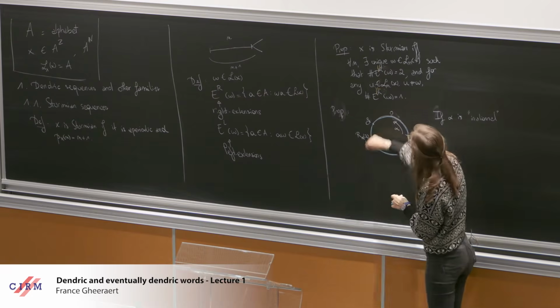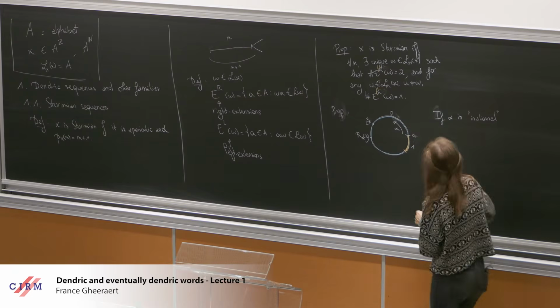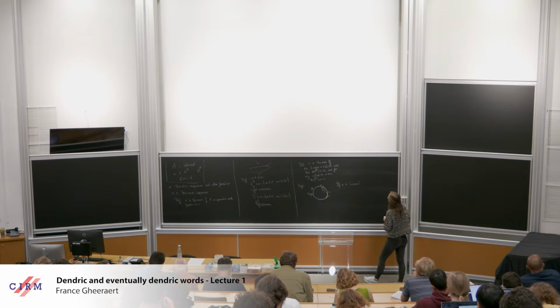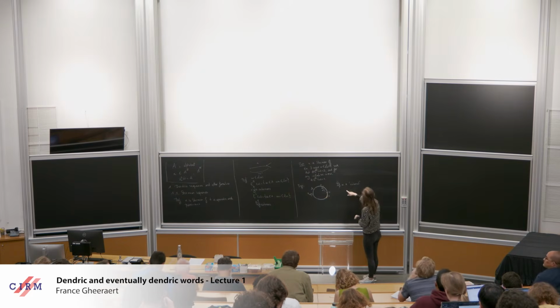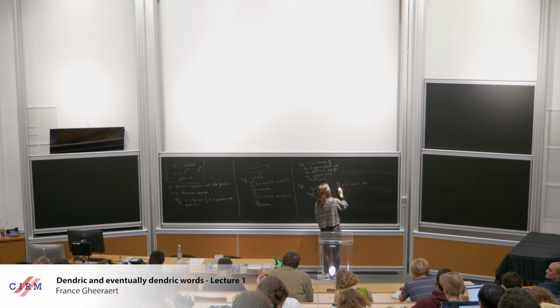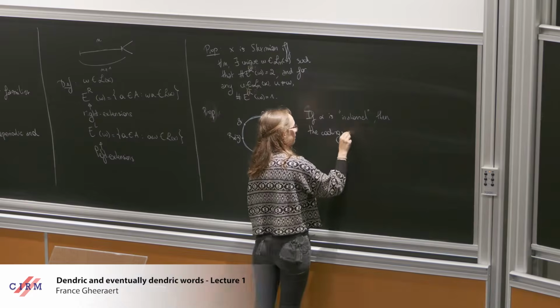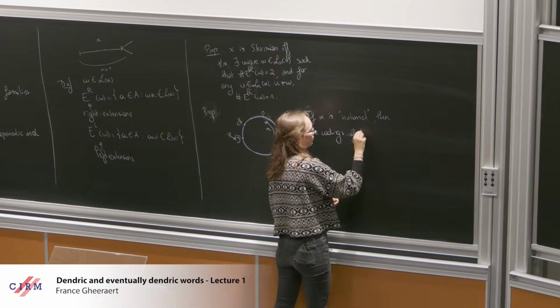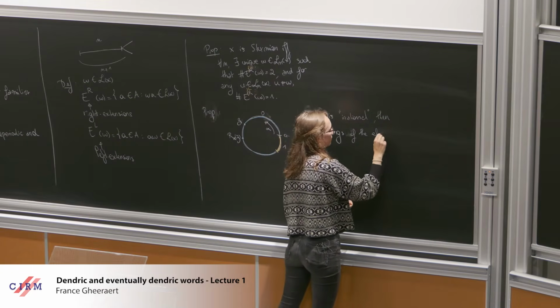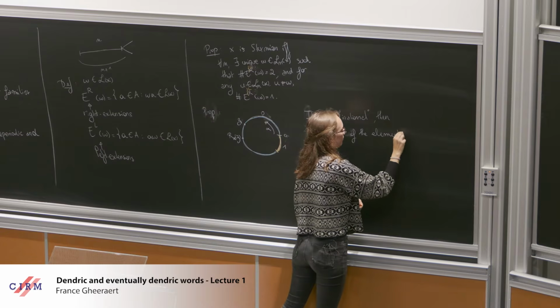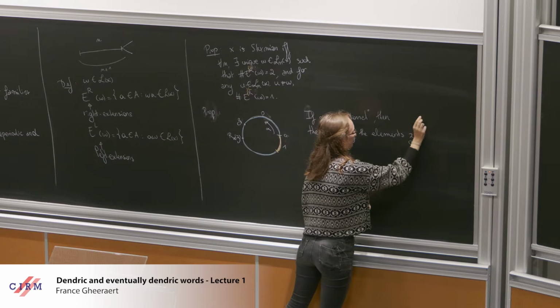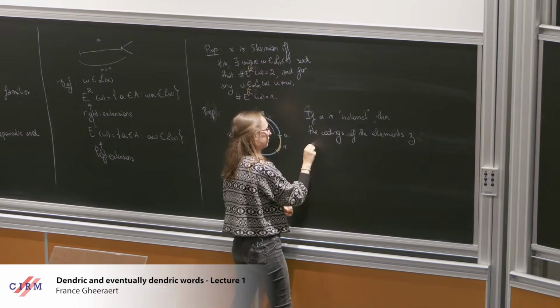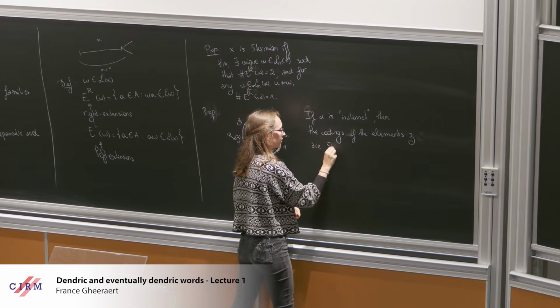But basically, if it's rationally independent with the full circle, then the codings of the elements z are Sturmian sequences.